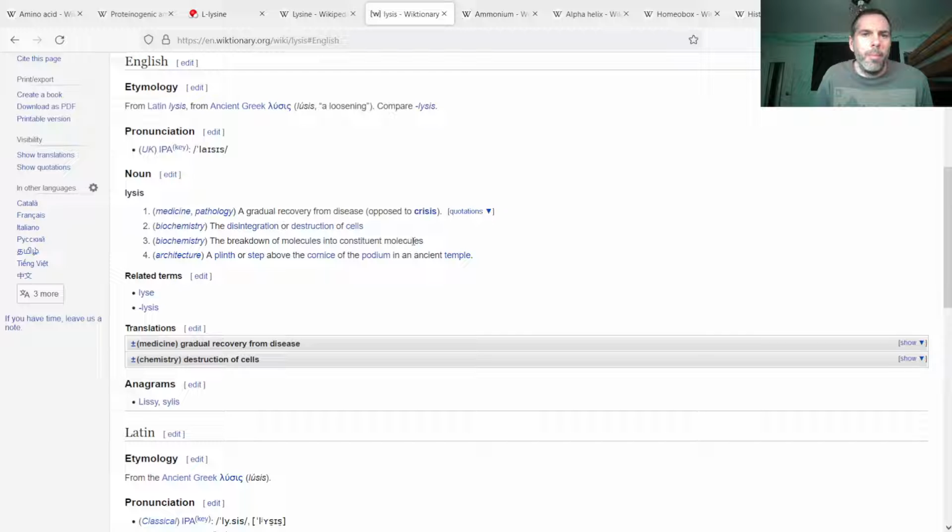At least with the breakdown of molecules, I'm assuming it's similar to the word lys as used in the context of cutting or breaking bonds.